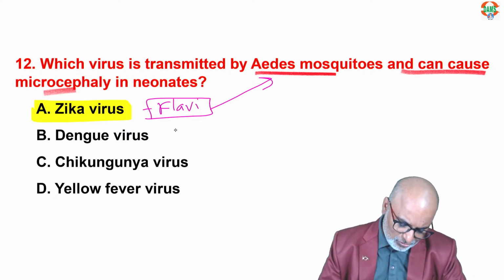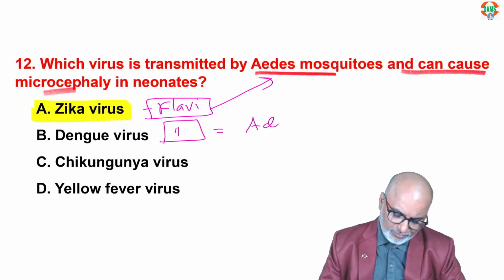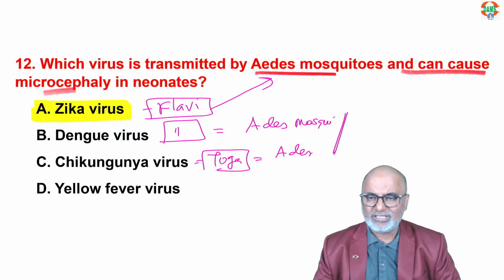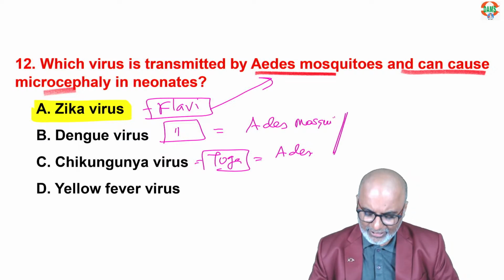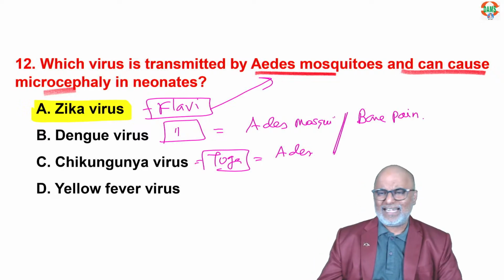Dengue virus is also Flaviviridae. The vector is the Aedes mosquito. Chikungunya belongs to Togaviridae, but the vector is also the Aedes mosquito. These viruses usually cause pain. Dengue means bone pain, breakbone fever, saddleback fever.